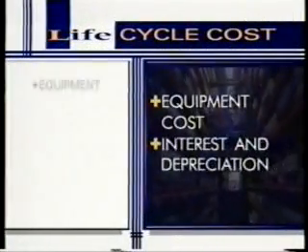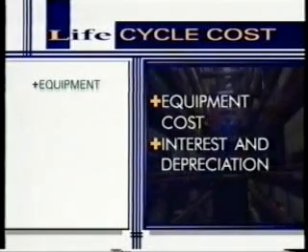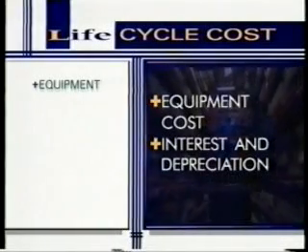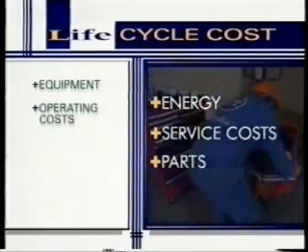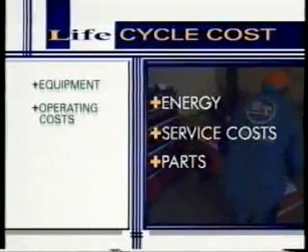Now, to fully assess the real cost of an operation, it's necessary to take into account all the vital ingredients that support the total function. This, of course, includes the cost of the equipment itself, expressed in terms of interest and depreciation over its useful life. Energy and maintenance costs, including both servicing and parts consumption, are other ingredients.